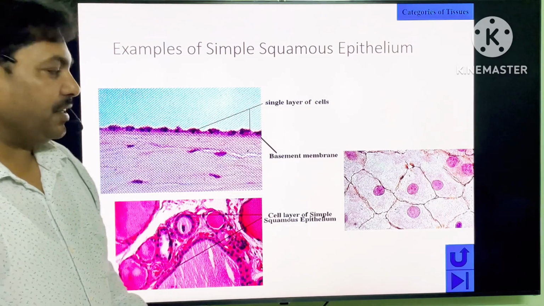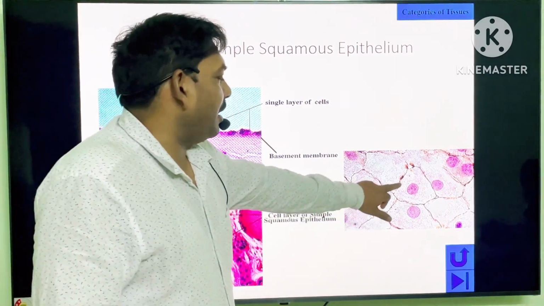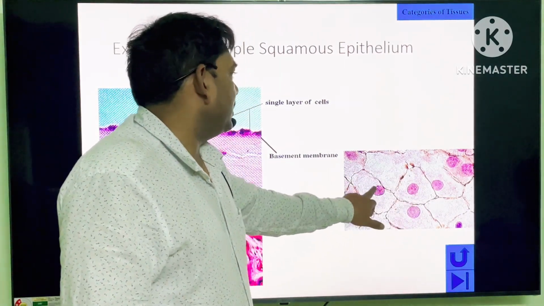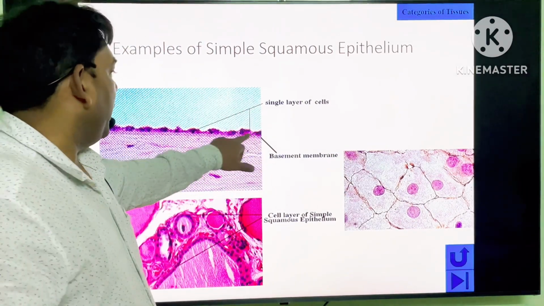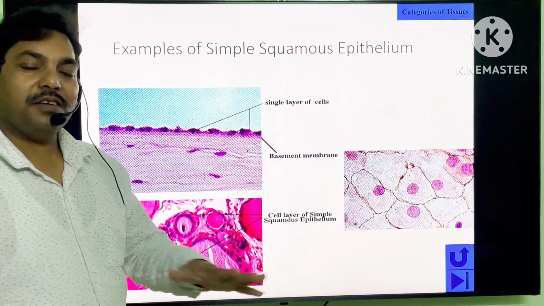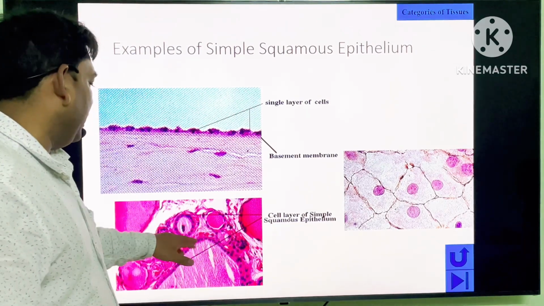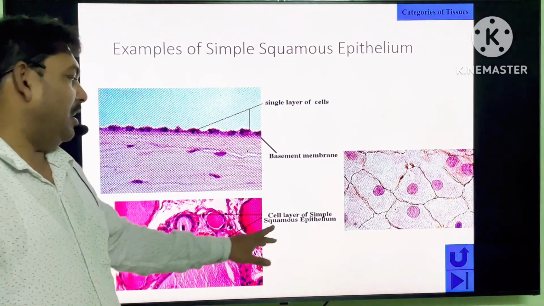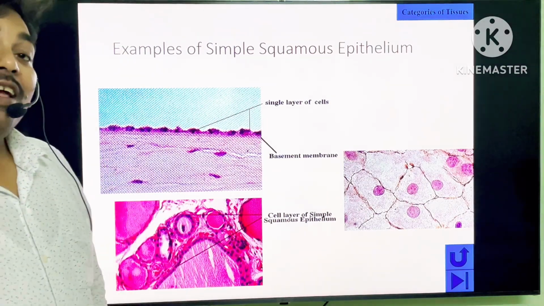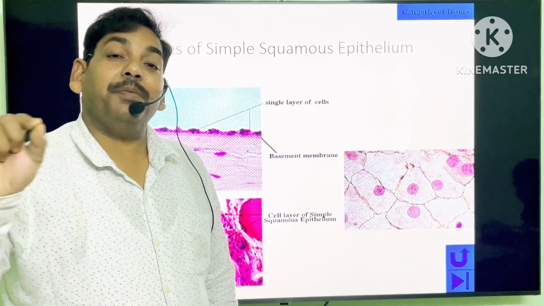After the transverse section, the single layer of squamous cells lies on top of the base layer, which indicates simple epithelial tissue.